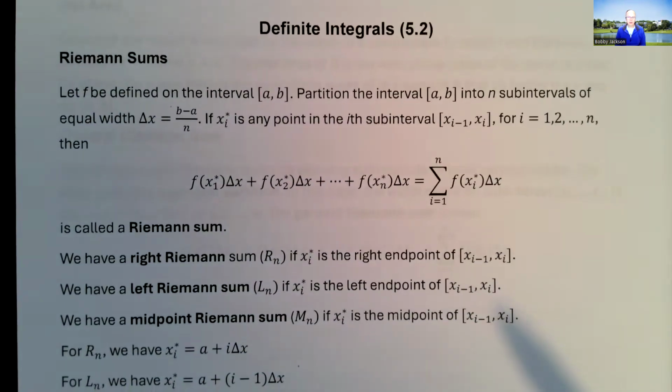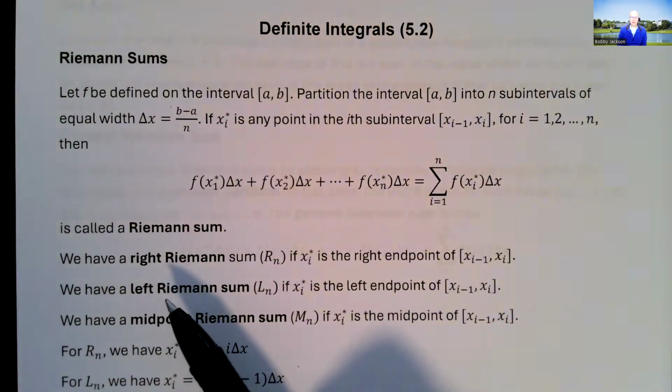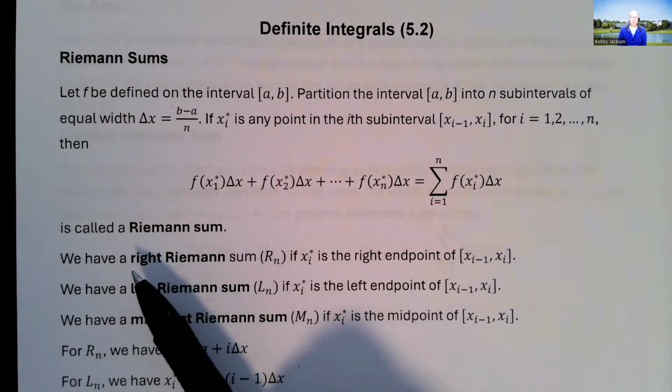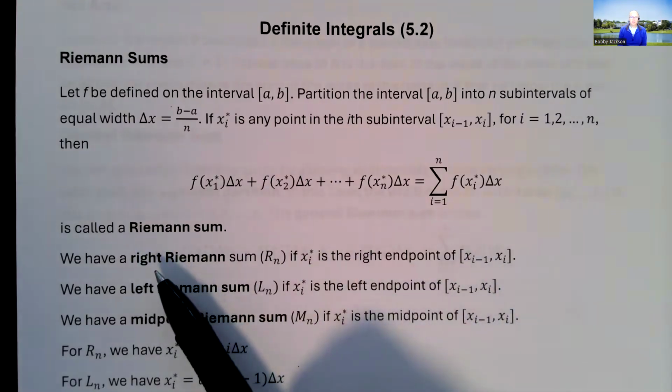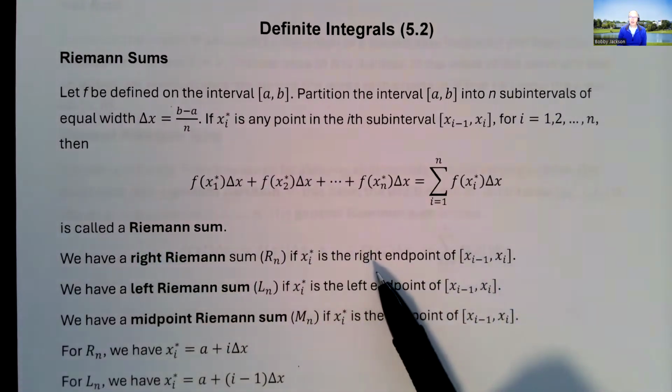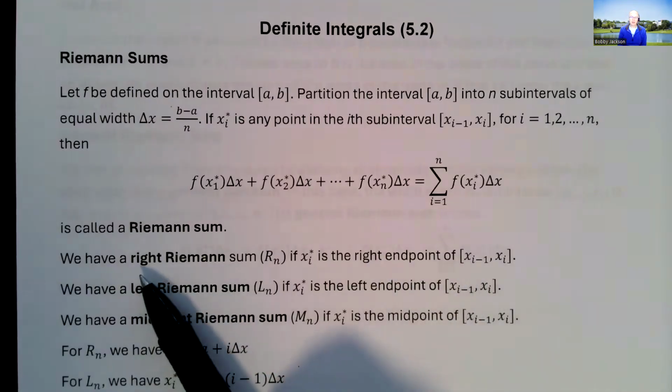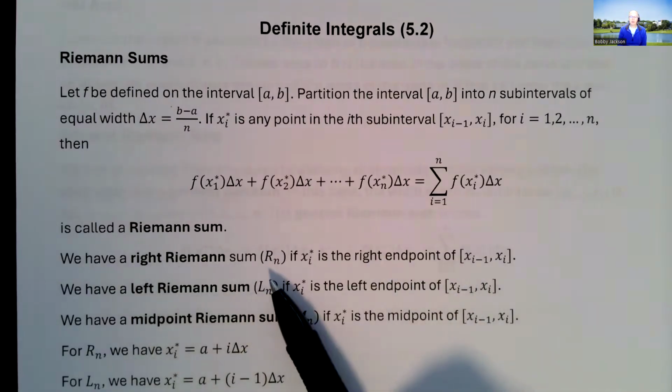Now, we have been talking about these. If the x sub i stars are the right endpoints of the subintervals, we call this a right Riemann sum. I use this notation where R, of course, stands for the right endpoint being used to determine the height of our rectangle, and the subscript n is the number of subintervals.